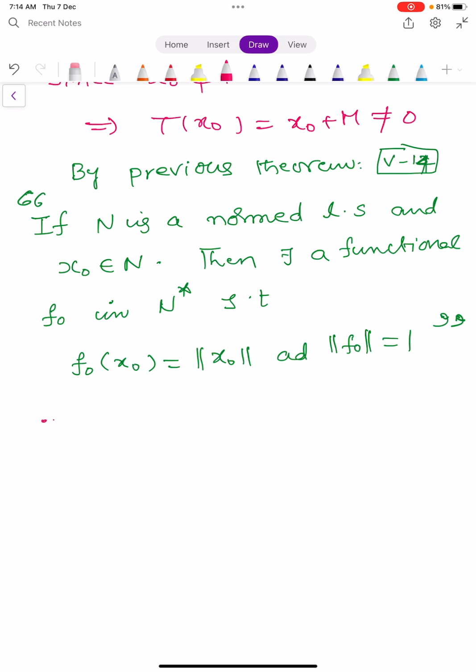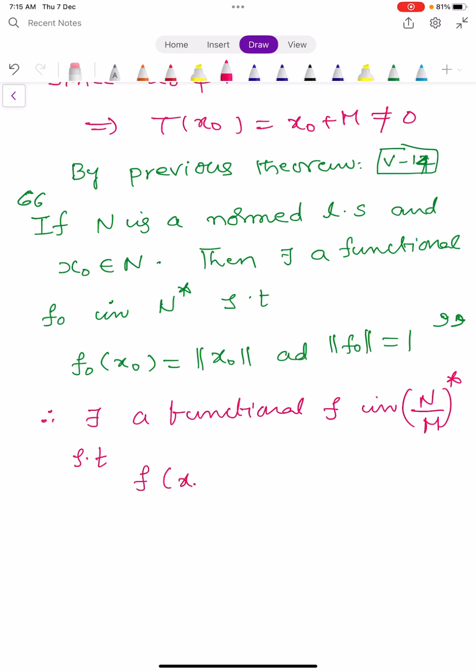we get there exists a functional f in (N by M) star satisfying the condition f of x naught plus M is equal to norm x naught plus M, and norm f is equal to 1.